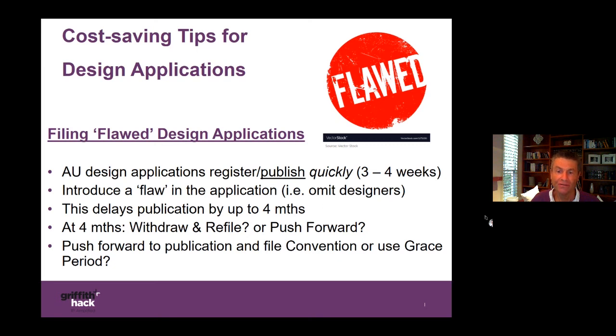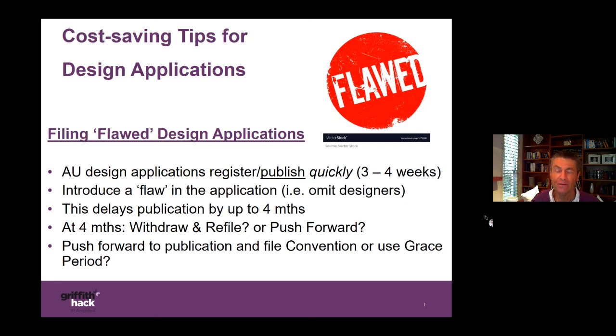So by introducing this flaw into the application and buying yourself the 4 months, you know what that date is, that 4-month point. Immediately prior to that date, you can consider, do I simply withdraw this application and then refile it to start the clock again, or do I push forward?